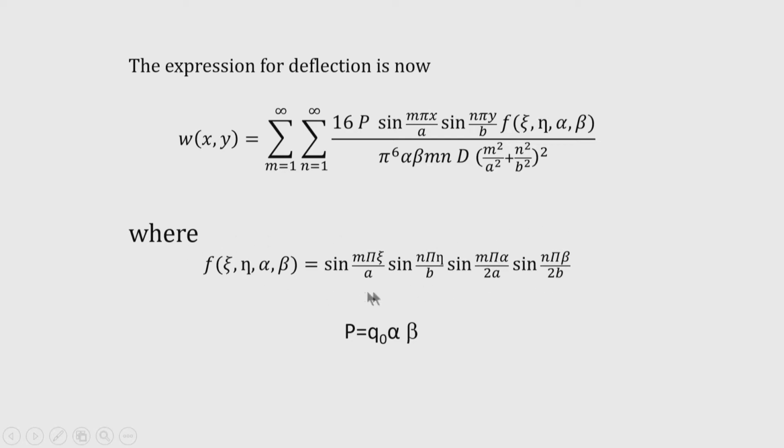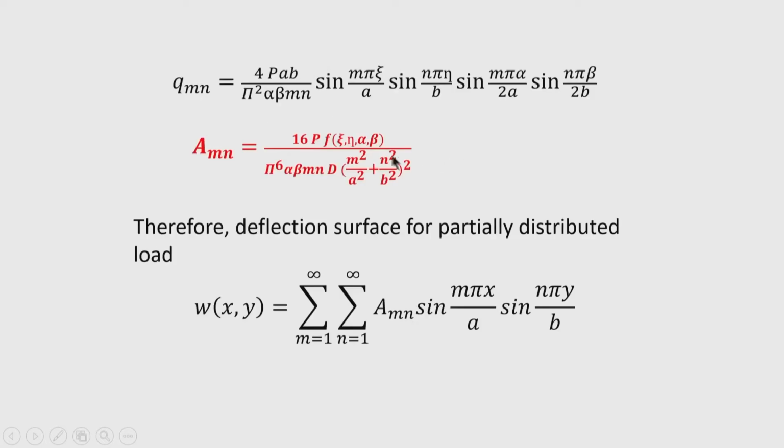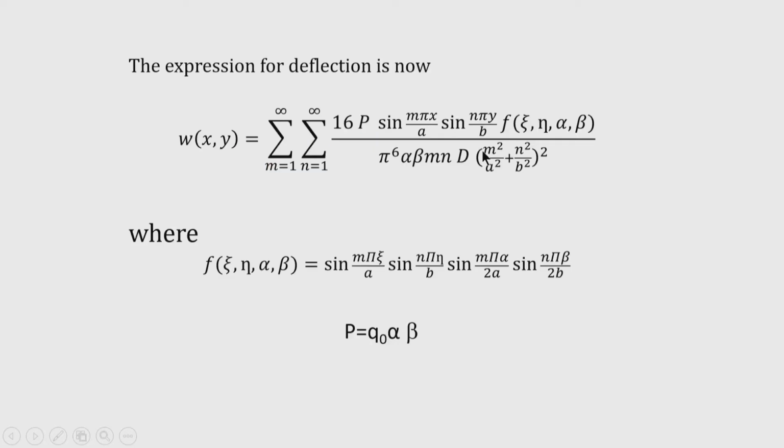So, these are the functions of f, which is found from this expression. All right. Now, let us see how we can obtain the case of concentrated load, how we can formulate the expression of W(x,y) for concentrated load starting from this expression.